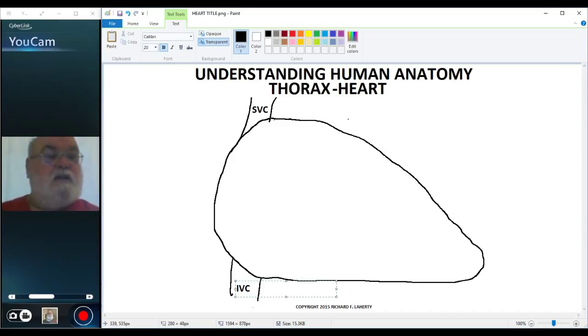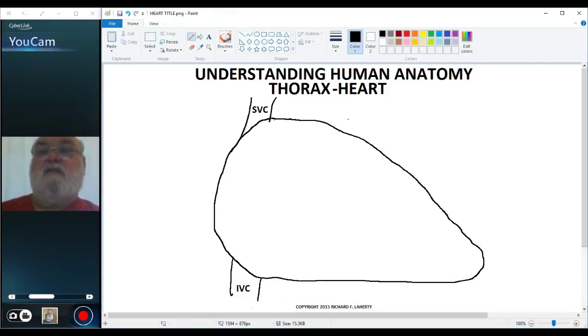Let me draw in the arteries that take blood away from the heart. And one of those is the aorta. And I want to draw the aorta here, and then it will start into its arch.